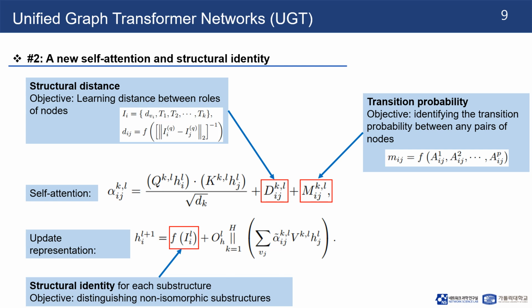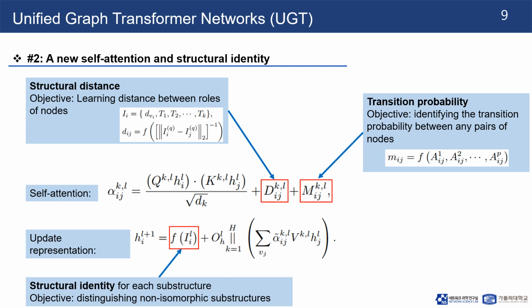Next, we propose a new self-attention with structural identities. First, we construct the structural distance between two nodes based on the roles of nodes, and then we identify the transition probabilities between any pairs of nodes.